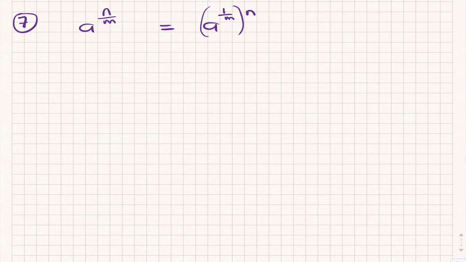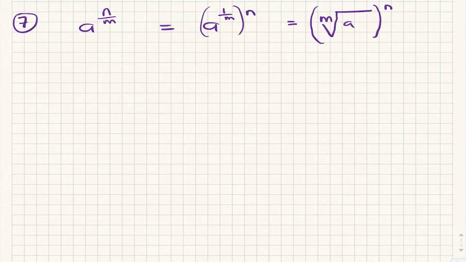But we know what a to the power of 1 over m is, and that will become the m-th root of a, all to the power of n. So that's what that is. In this case, n is not equal to 1. n can be 1 or any number. But what we did last time was n equals 1. So when n is not equal to 1, then we have a different situation.